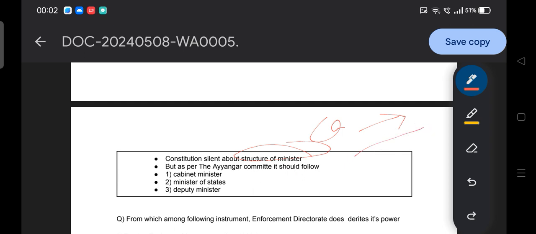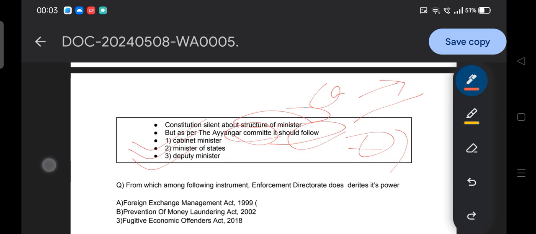The classification or structure of ministers is not mentioned in the constitution, but as per the Iyengar committee, it should follow: cabinet minister, minister of state, and deputy minister. So this is the structure of ministers recommended by the Iyengar committee, and we also see it today. This is how they can frame questions here.